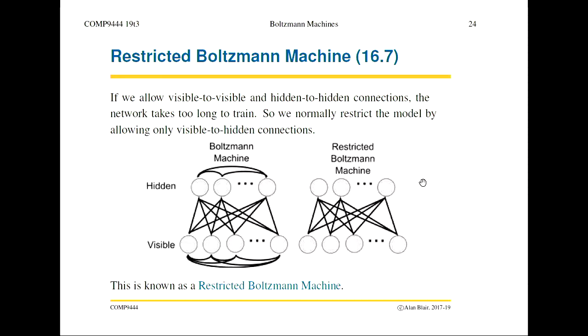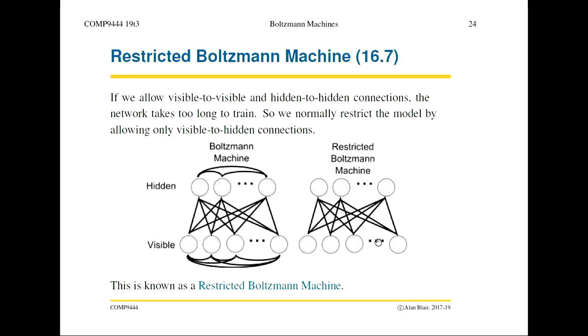It has an input layer and a hidden layer. We're used to seeing networks with an input layer, a hidden layer, and an output layer. This doesn't have an output layer, but it's got an input layer and a hidden layer, and the connections go from the input to the hidden layer.